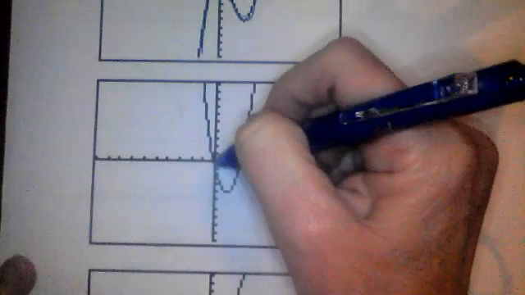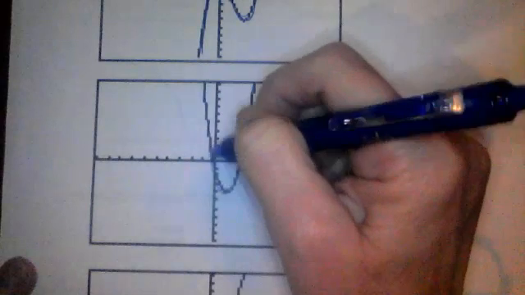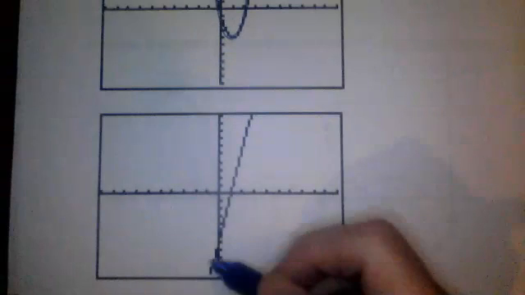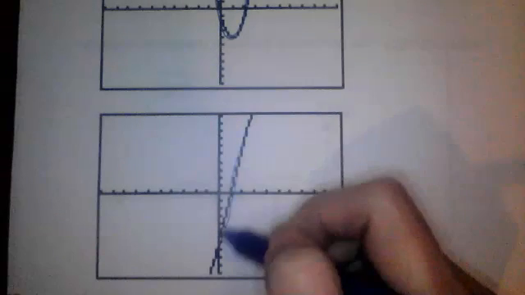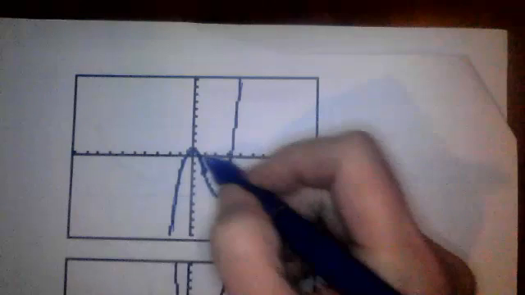In this graph, this entire thing is concave up. So this graph doesn't have a single point of inflection, nor does this graph, because in neither of these graphs does the concavity change. The concavity has to change in order to have a point of inflection.